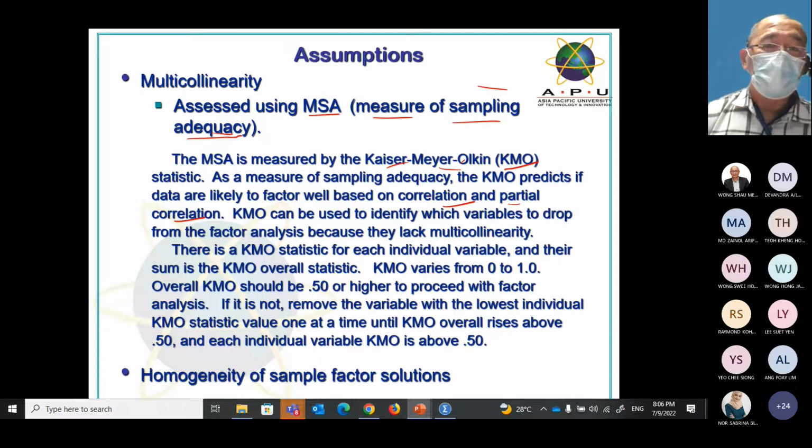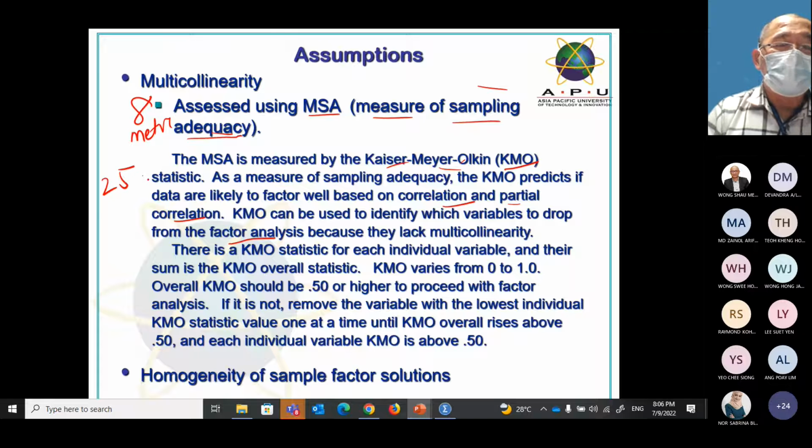KMO can be used to identify which variable to drop from the factor analysis. Let's say you have 8 metric variables, which is already good to proceed. But let's say you have 25 variables in your data set.